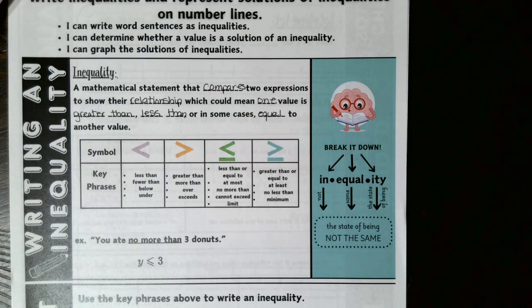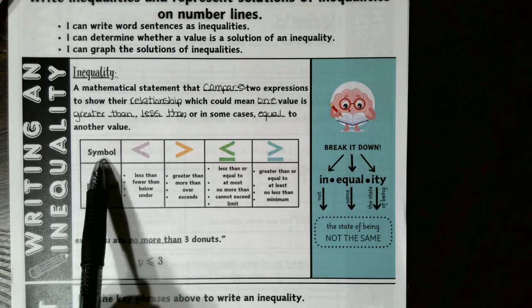So if someone's talking about inequality, whether it's mathematical or something different, they're saying that it is not the same. So whatever's happening in things that are being compared to each other are not having the same result. Okay. So for us, we're talking about comparing two mathematical statements.